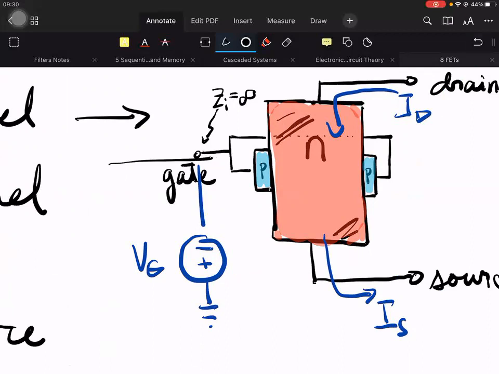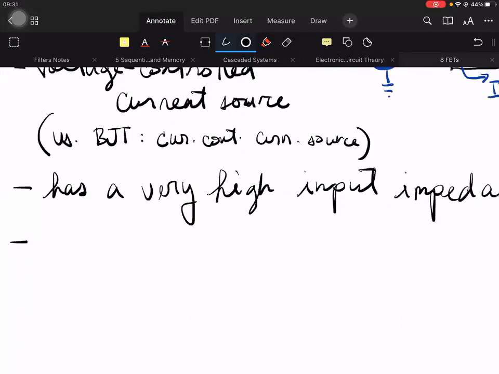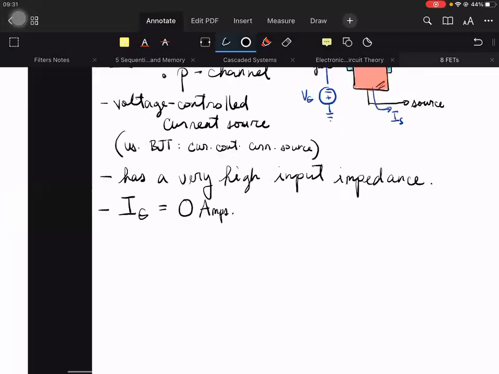Even if we already knew that the controlling parameter here is the voltage, because of this characteristic, no current will flow inside the gate terminal. So one characteristic of our FET is that IG will always be equal to 0 amperes. That is an inherent characteristic. IG is equal to 0 amperes.